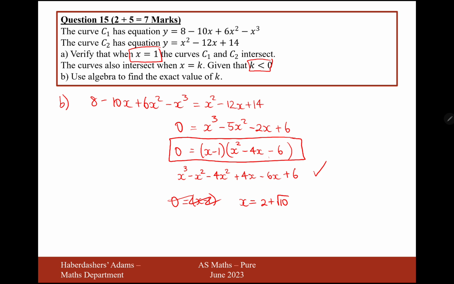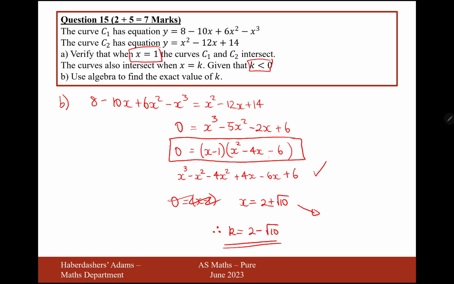And now what's the value of k going to be? Well, if k is negative, then it's x equals 2 plus or minus root 10 from the calculator, but specifically k is going to be 2 minus root 10.